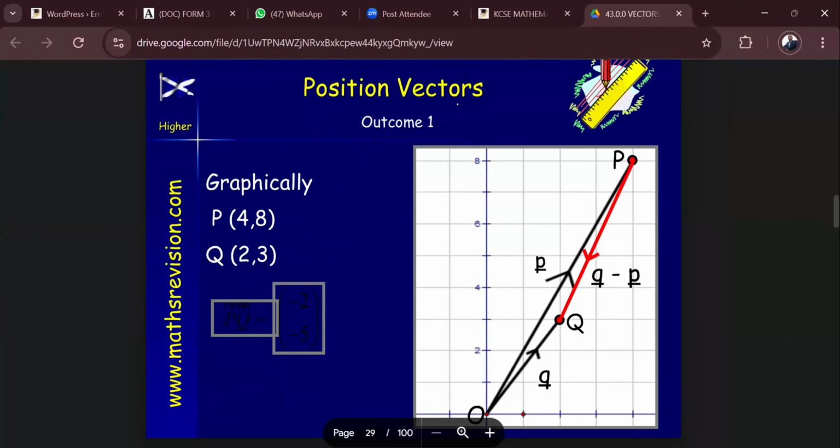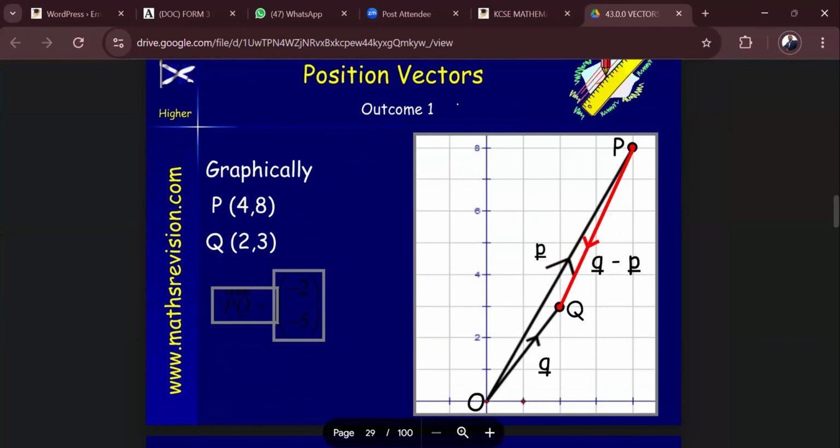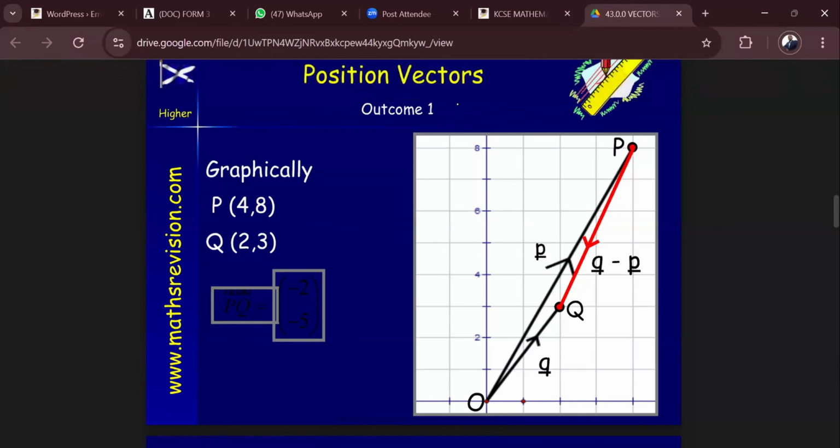Position vectors again, graphically they are represented like this. We have our P and Q. The vector PQ here is Q minus P. Now, if you are told to move from P to Q, of course you get PO plus OQ, whereby PO will be moving against the original direction p, and OQ will be moving in the correct direction.